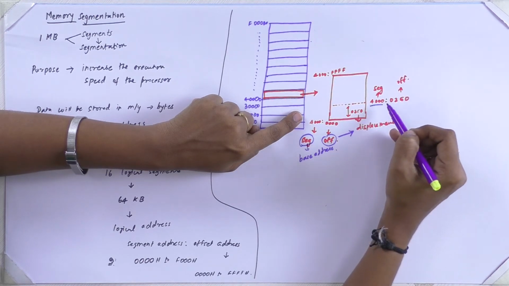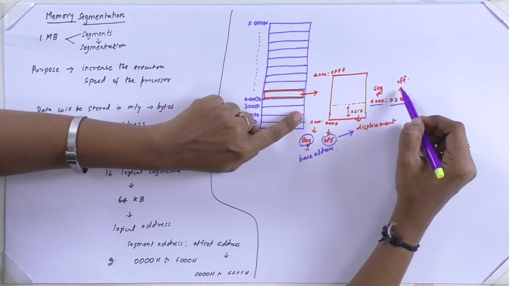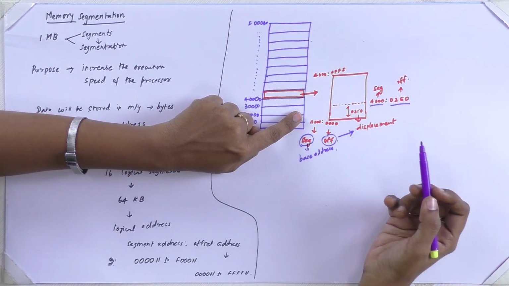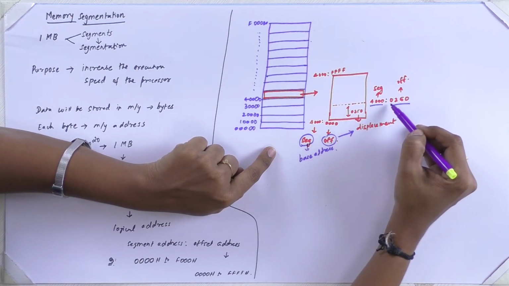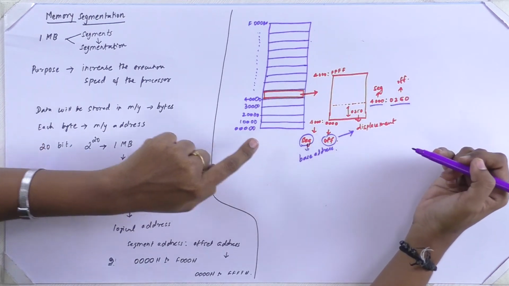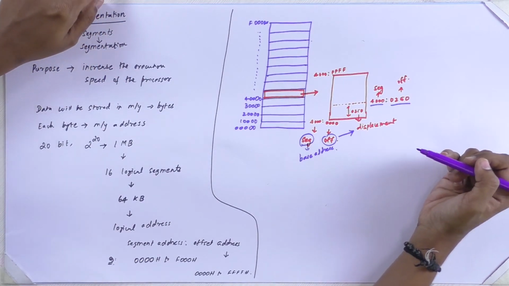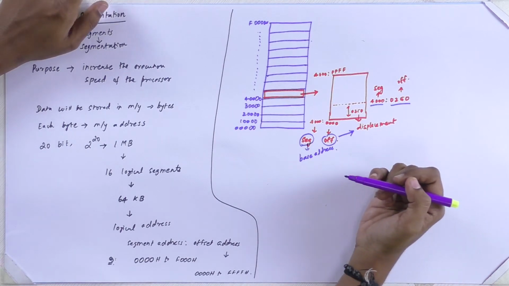Here 4000 refers to the segment address and 0250 refers to the offset address. So the processor can directly go to the location 4000 and to the offset address value 0250 and fetch the data easier and faster. This is the purpose of memory segmentation.